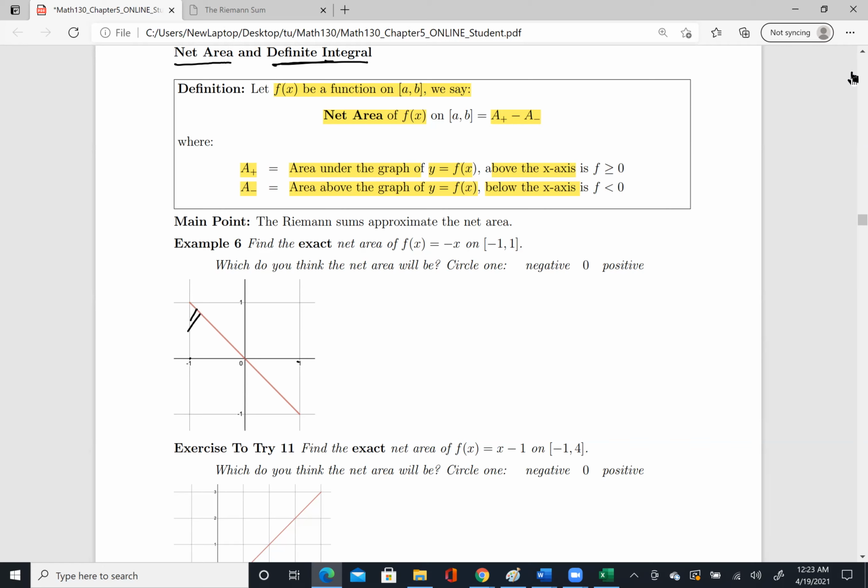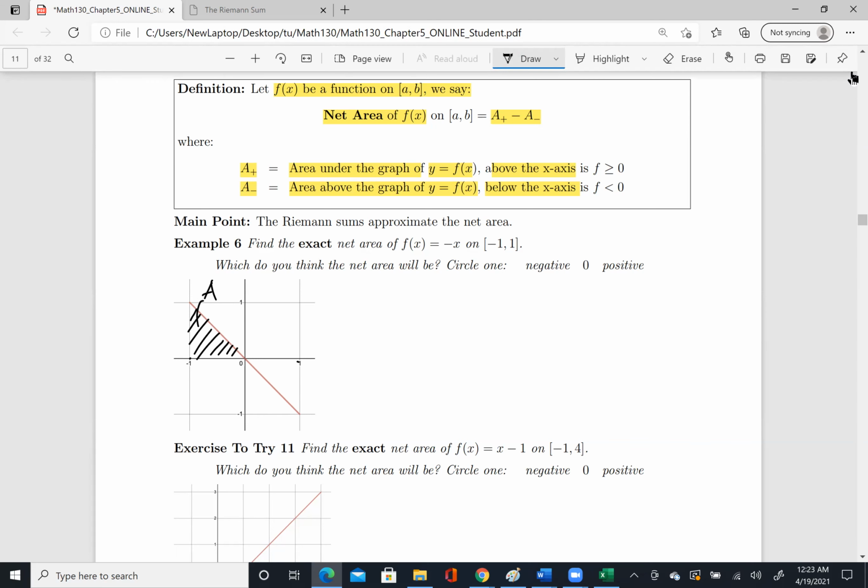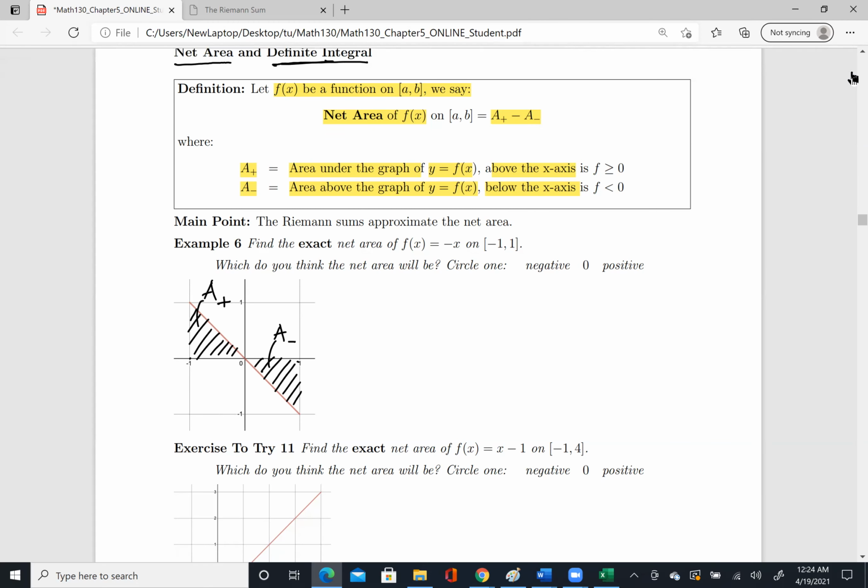So I have here the first area, area 1, or I can say area positive. And this one is the second area, which I call area negative because it's below the x-axis.